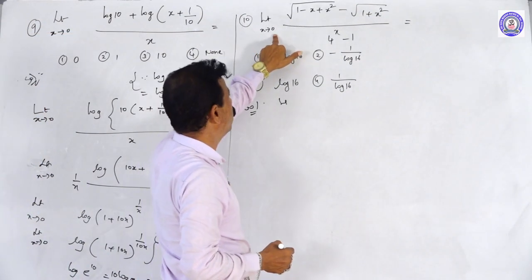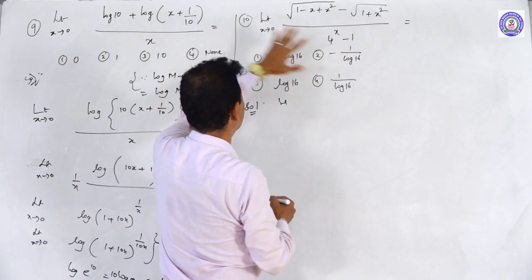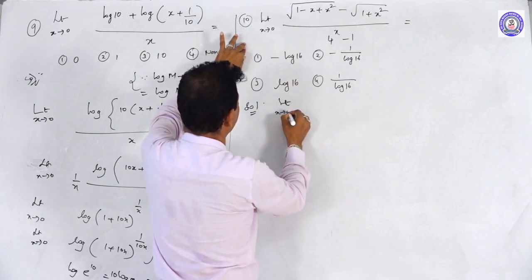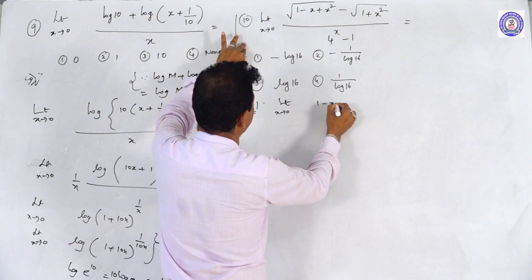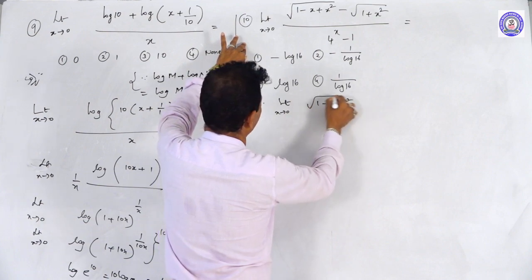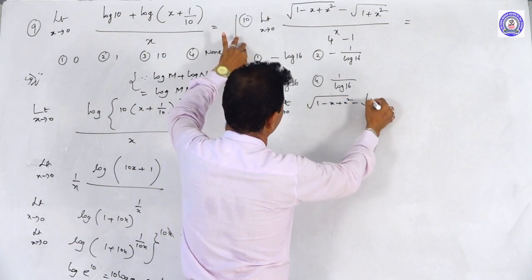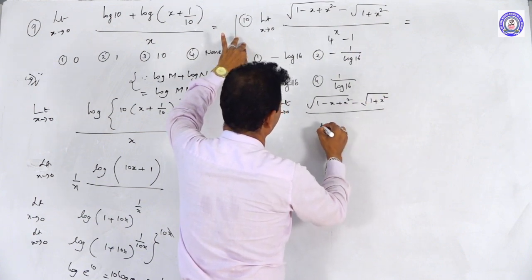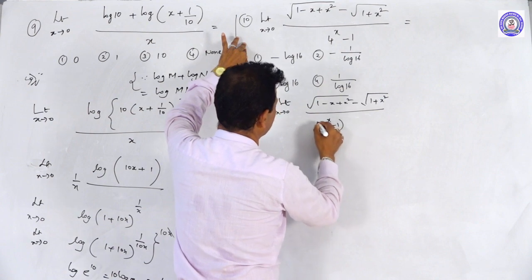Limit x tends to 0, root of (1 minus x plus x square) minus root of (1 plus x square), divided by 4 to the power x minus 1.